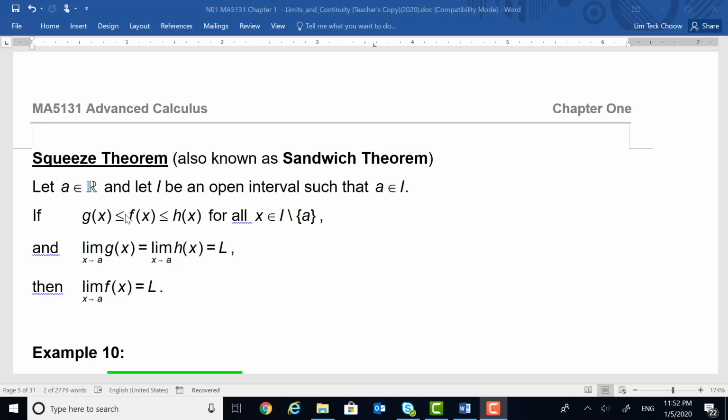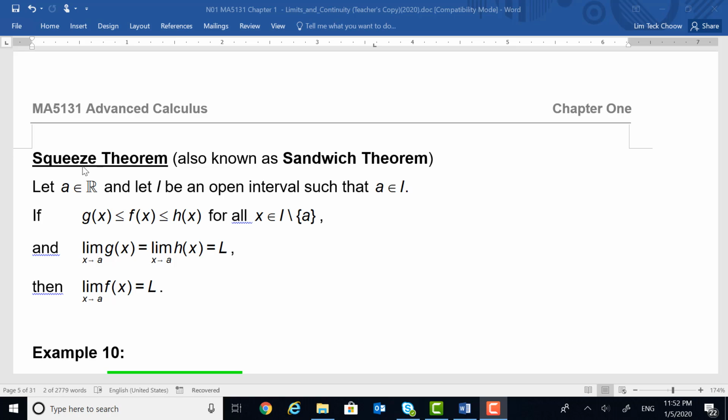So this function f(x) is actually squeezed by two other functions g(x) and h(x). If these two tend towards L as x tends towards a, what it says here is the middle one will also be squeezed to take on the same limit.